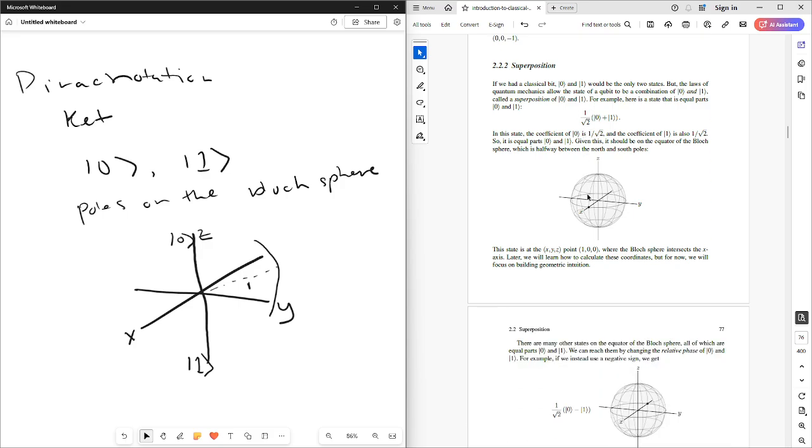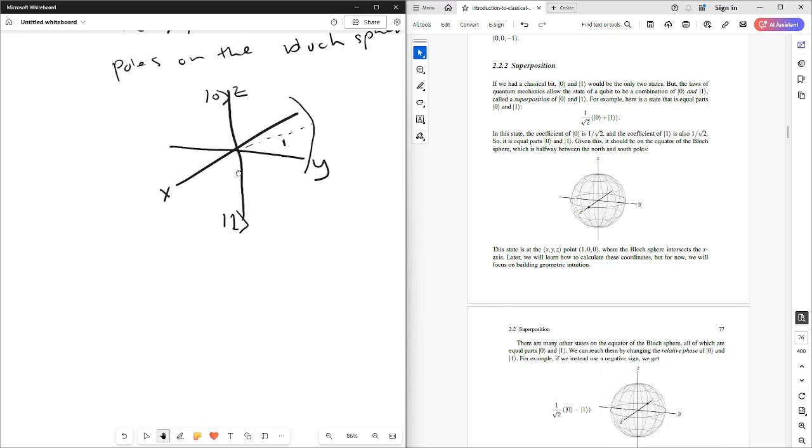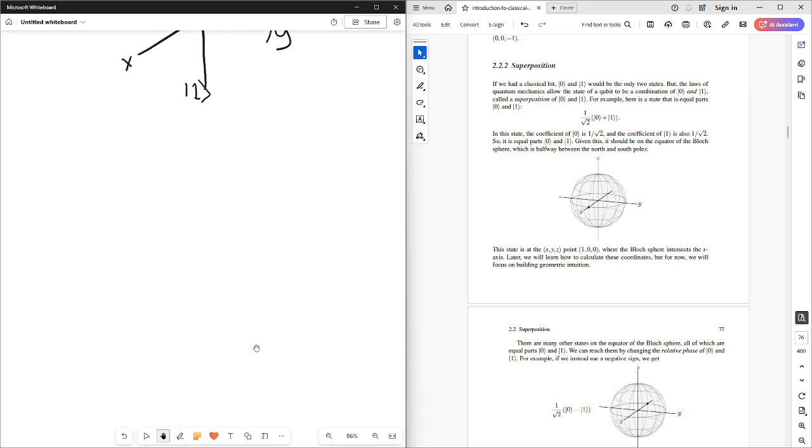All right, so superposition, which is the heart of the matter, shall we say. Superposition is where the state can be a combination of different states.